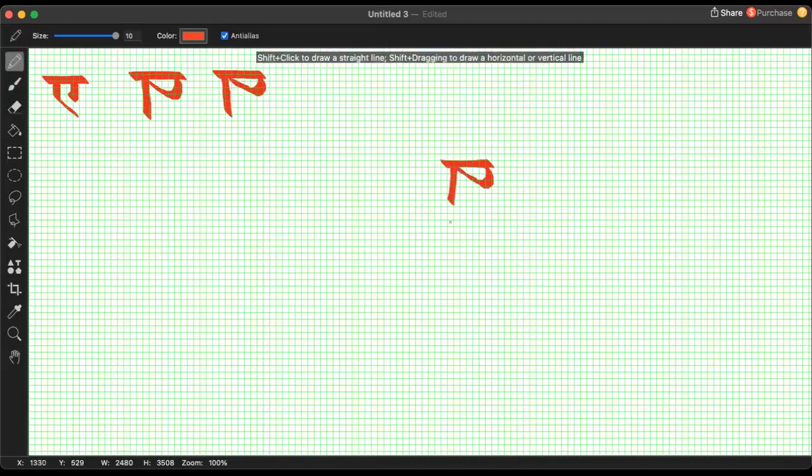What are the things to note? This depth you see here, this is very important. You have to get this. If you're writing this with a normal pen, how does that look like?